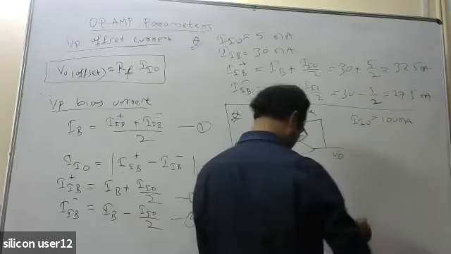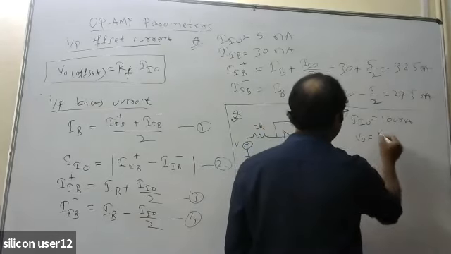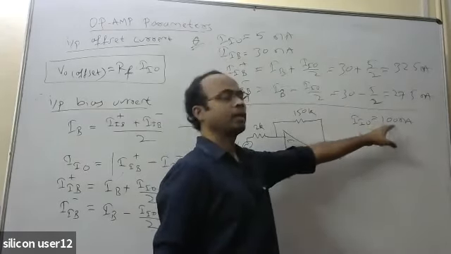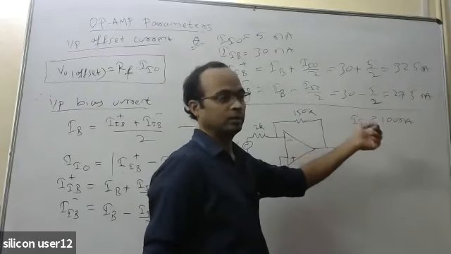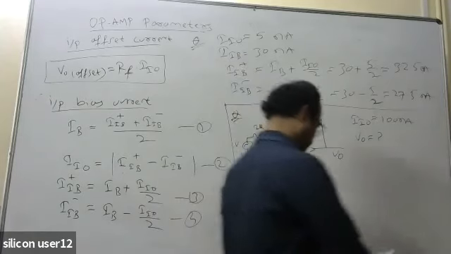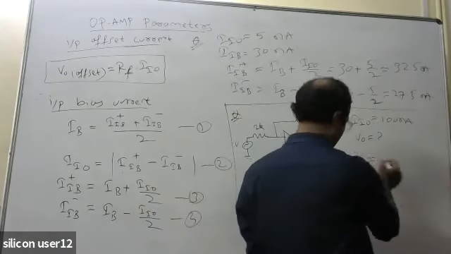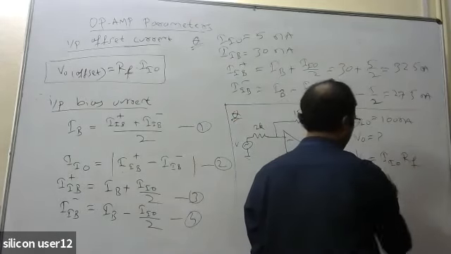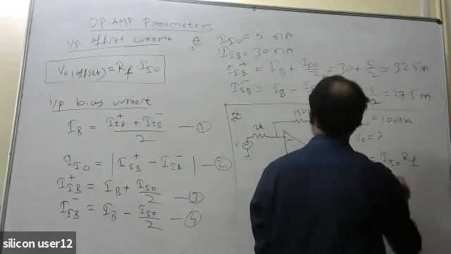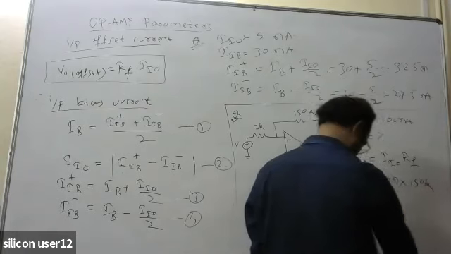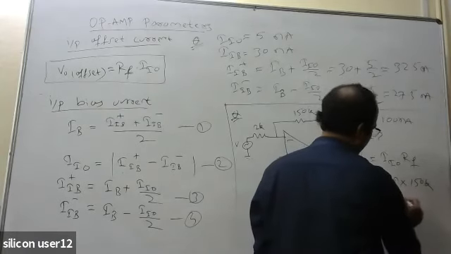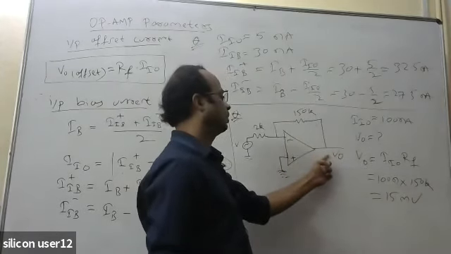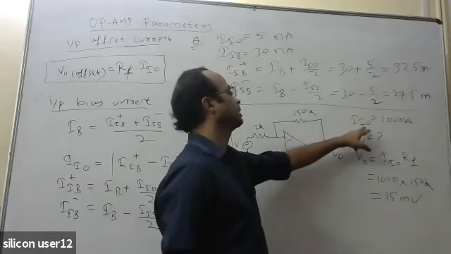V0 due to the input offset current equals how much? Input offset current is given as 100 nanoampere. You just put the formula: V0 is IIO into RF, so 100 nano into 150K is 15 millivolt. That means at the beginning itself V0 is equal to 15 millivolt due to the presence of this IIO.